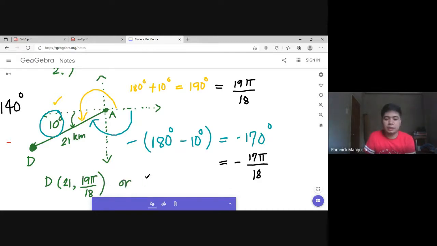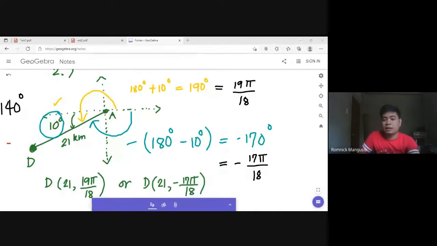Or point D has coordinates 21 as the radius and negative 17 pi over 18 as the angle, and that is for clockwise rotation. Well, any of these two is considered to be correct. Okay, so ano man dito sa dalawa ay tatanggapin bilang sagot.